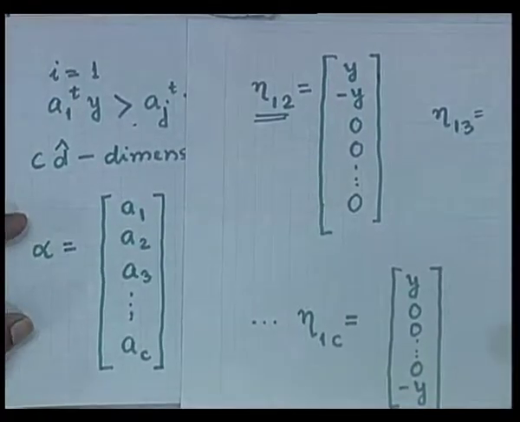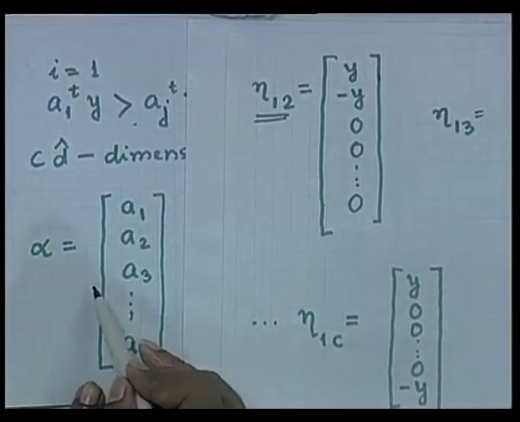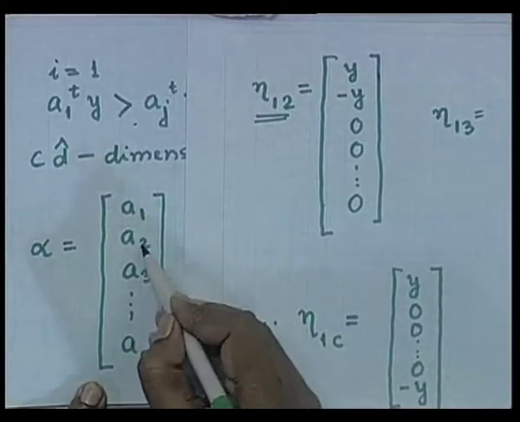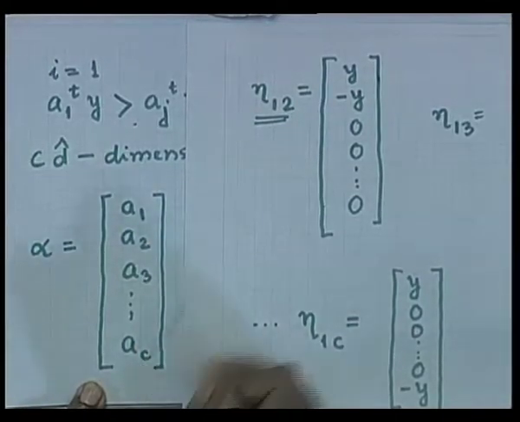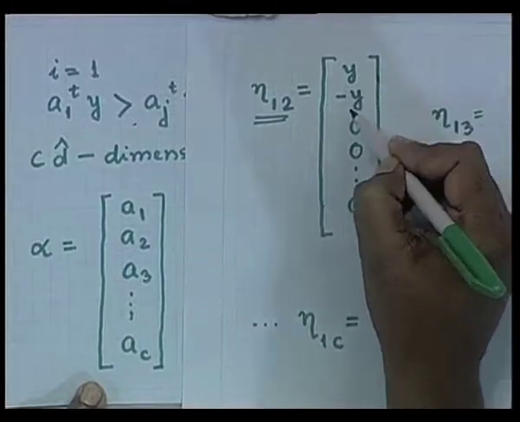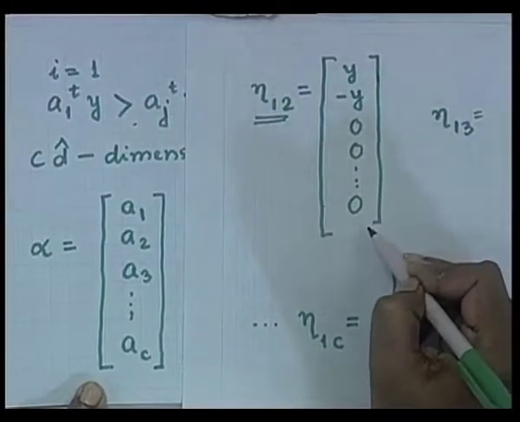Let us take these two vectors side by side. Alpha is a 1, a 2, a 3 up to a c, and eta 1 2 is y, minus y, then all components are 0.